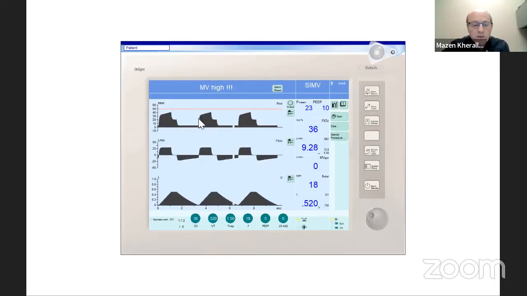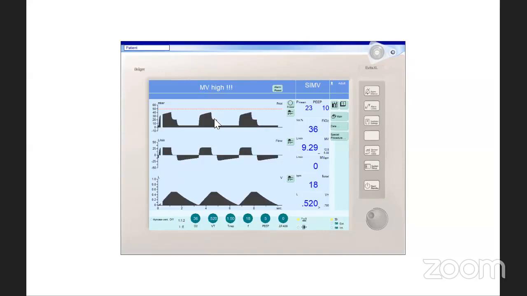So you can detect that there is a high airway pressure here from the initial rise here, and the difference between the peak and plateau is also high. However, notice that the difference between the peak and the plateau is not as high as the increase in the initial airway pressure.